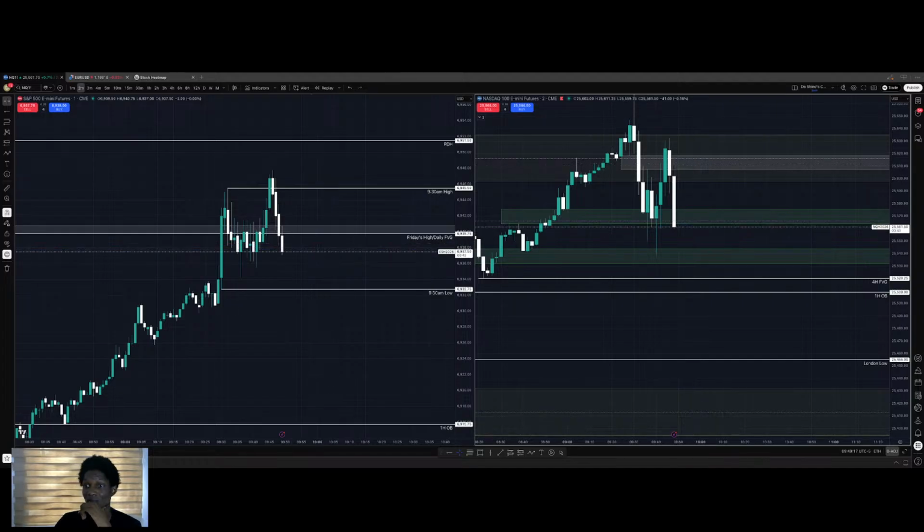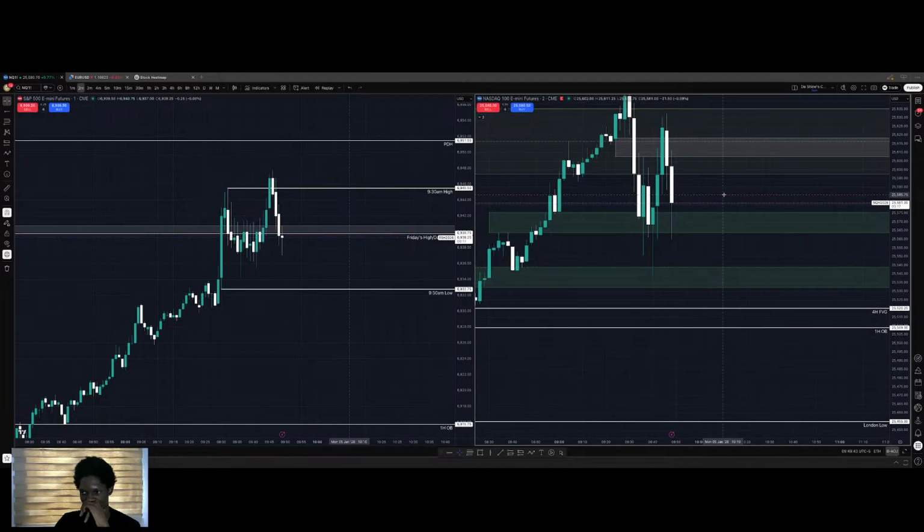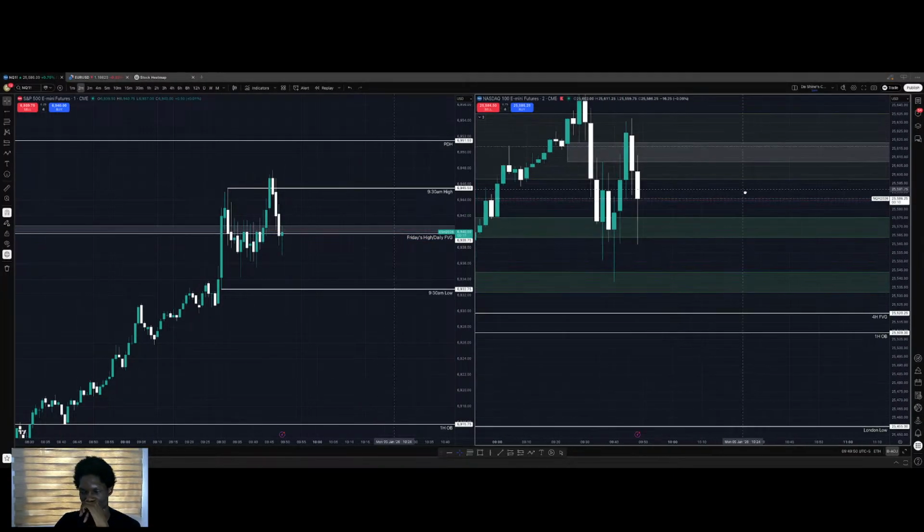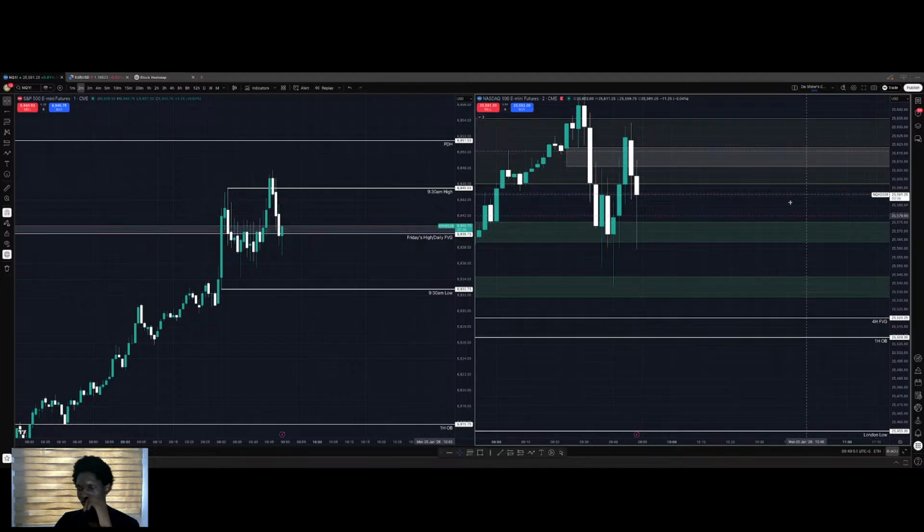That is 60 points. Okay, so clearly you can see this 2 minute candle is respecting this order block, which is why I wanted the tail to close below.